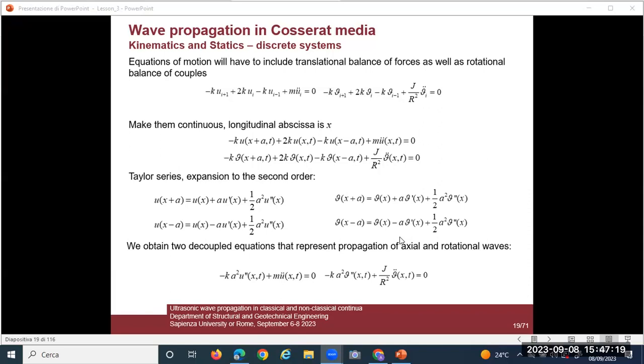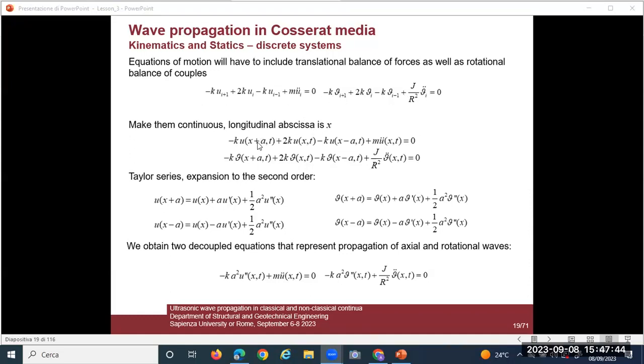You do exactly the same thing we've done before. You write down the balance using the constitutive relationship between forces and reaction forces, which expresses reaction forces as a function of displacement and rotations, and you obtain these two balance equations.